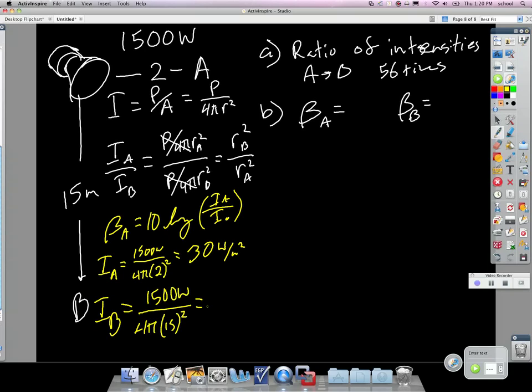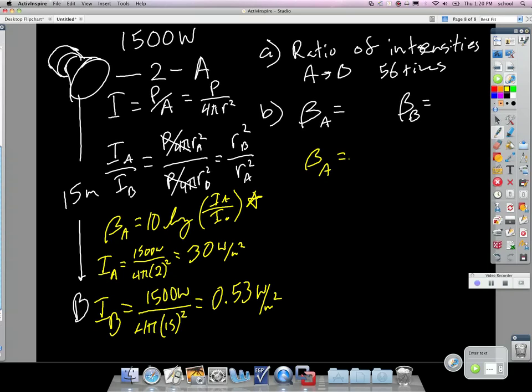Well, it's pretty easy. Now, we take each of these intensities and plug them into this equation right there. 10 log IA over IO. So beta A is going to be 10 log base 30 over 1 times 10 to the minus 12.